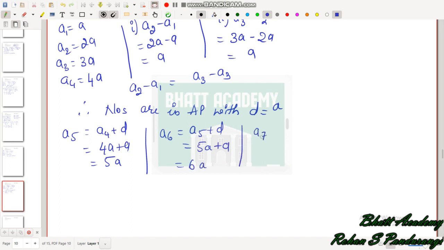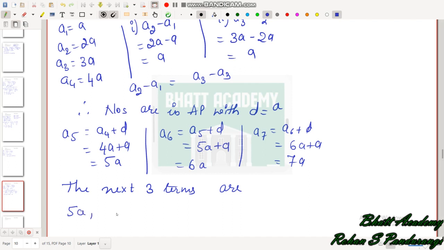Similarly a7 is a6 plus d, that is 6a plus a, 7a. So the next three terms are 5a, 6a, and 7a.